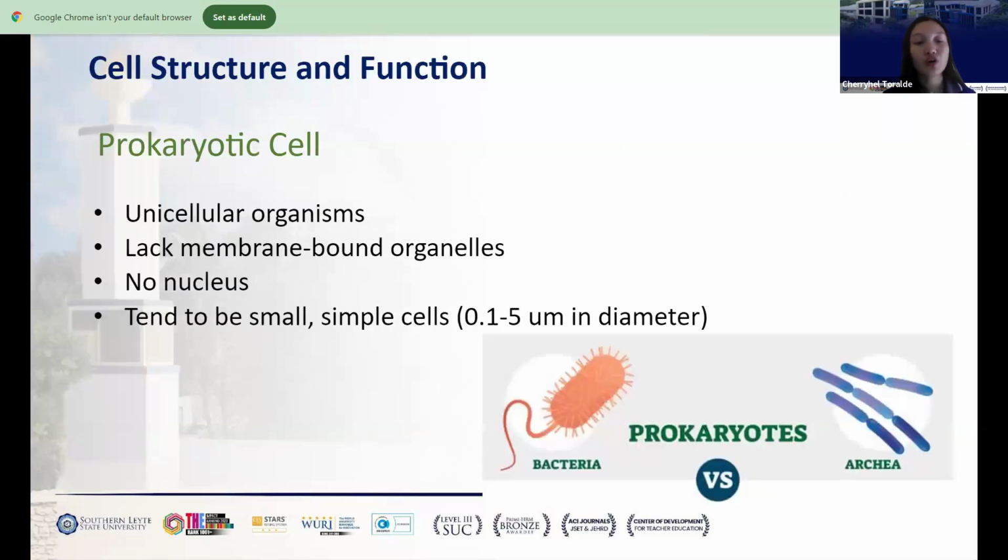So yes, we will discuss it further as we go along this lecture. Okay, so there are actually two types of cells. We call them prokaryotes and eukaryotes. When you say a prokaryotic cell, it is and will always be a unicellular organism. A unicellular organism can function as a whole organism even if it just has one cell.